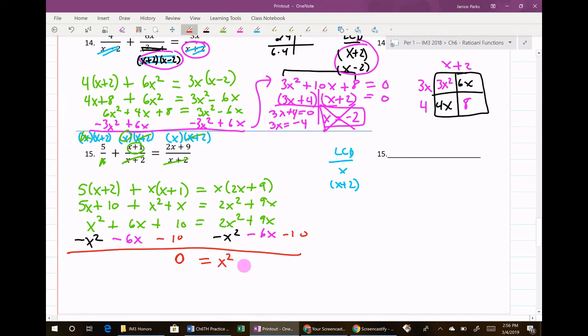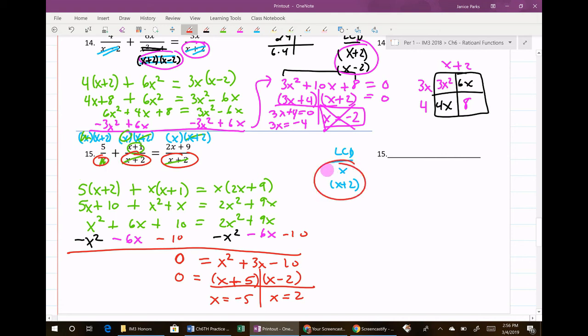On this side I have x squared plus 3x minus 10, which is x plus 5 and x minus 2. So you get x equals -5, x equals 2. 2 is fine here, and -5 is fine. They both work.